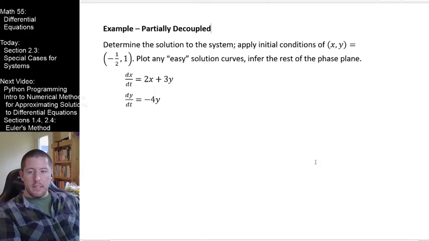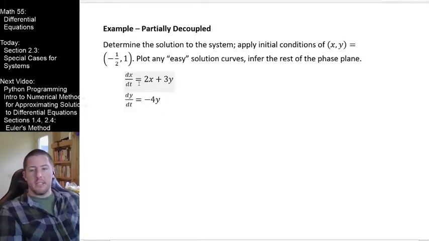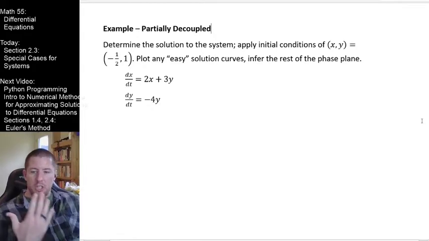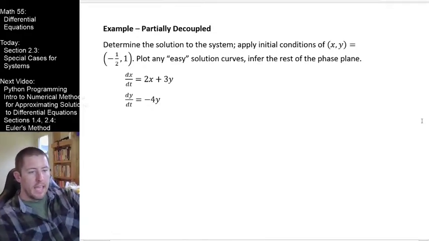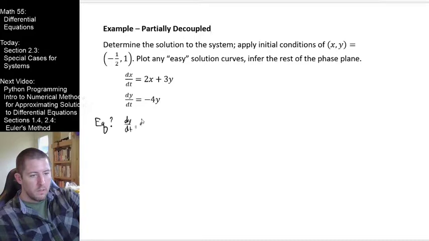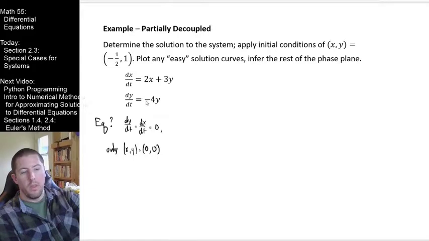Now when we go into our second scenario, our partially decoupled setting, one of our differential equations only depends on its own dependent variable y, but the other equation is going to take slightly more work. Again, I want to identify real quickly that as far as equilibrium goes, only x, y equals 0, 0 seems to be possible. y has to be 0 for dy dt to be 0.